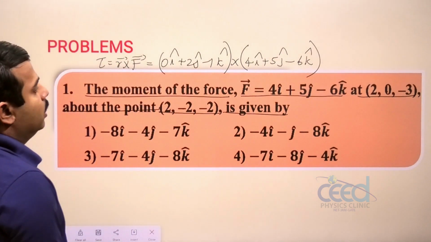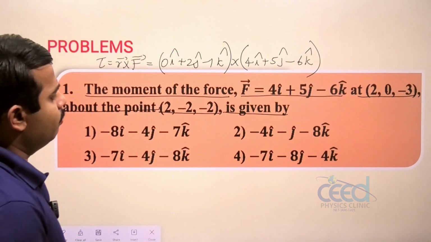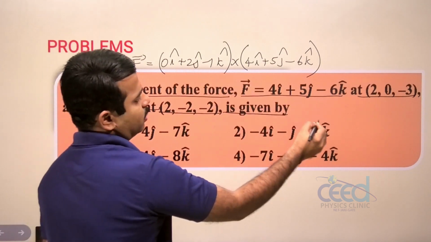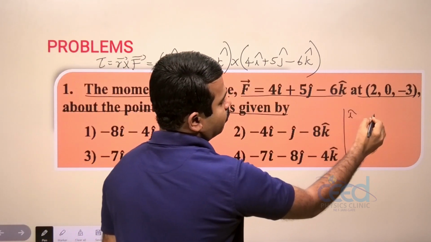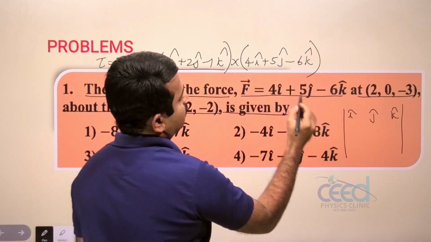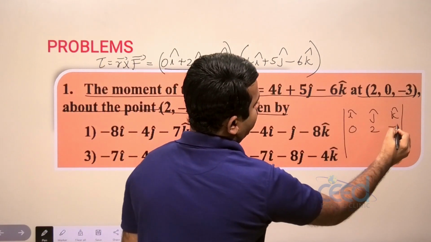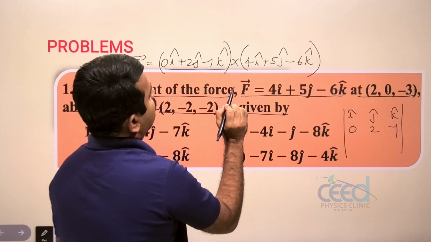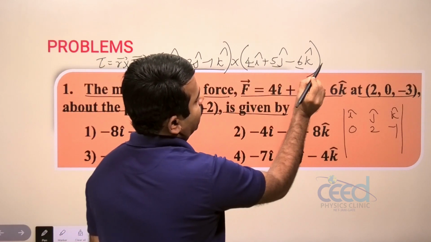Now using the determinant method, we can calculate this. We write i cap, j cap, k cap, then the coordinates 0, 2, minus 1 and 4, 5, minus 6.